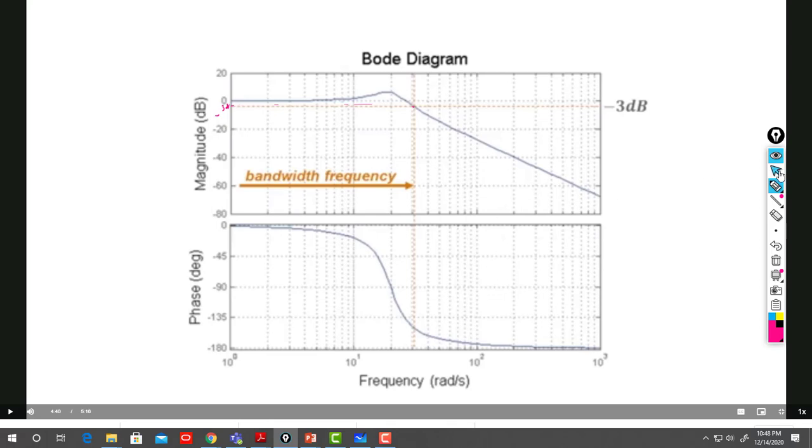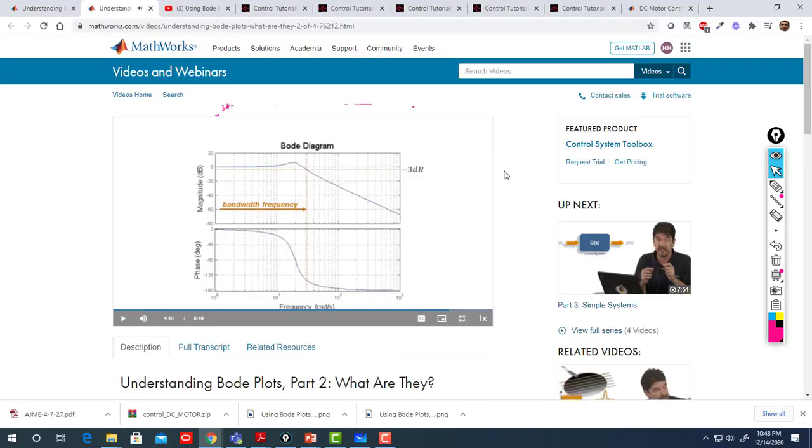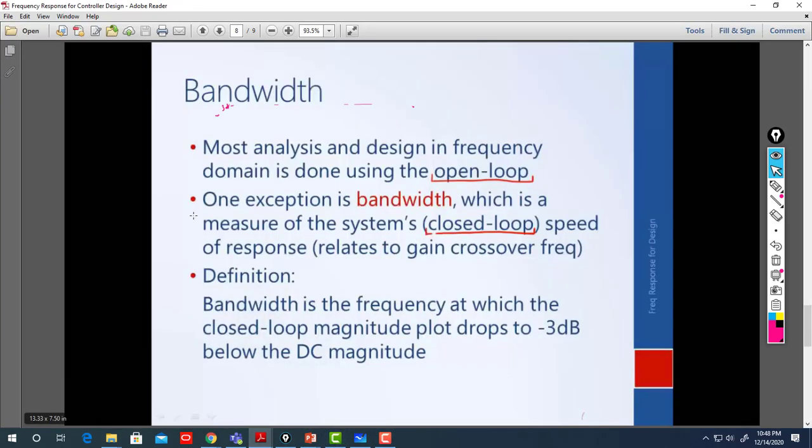Okay, alright, so this is your bandwidth frequency, which is a measure of the speed of response of the system. Which system? The closed loop system. The speed of response of the closed loop system, and it is related to the gain crossover frequency. If you wish, the bandwidth frequency is also related to the gain crossover frequency, which is at 0 decibel in open loop.